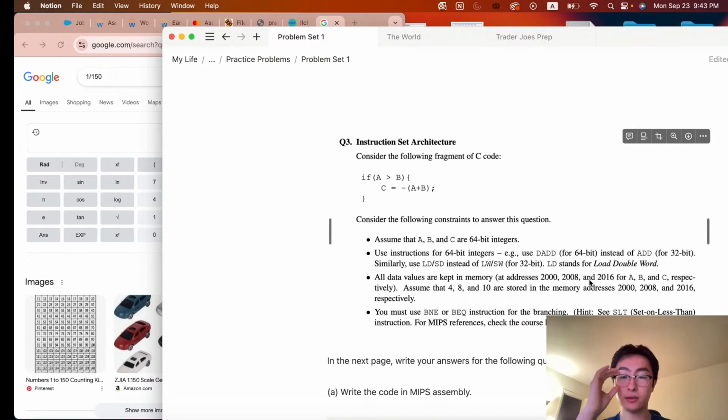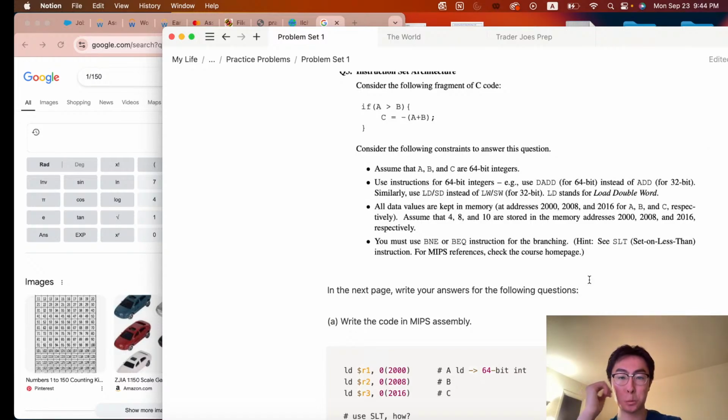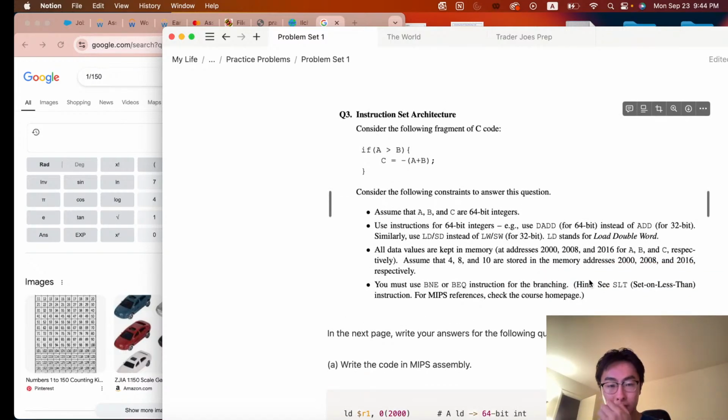Okay, for this one I'm going to need to really write things down because I don't remember all of these. So MIPS 32: SLT, what does this do?